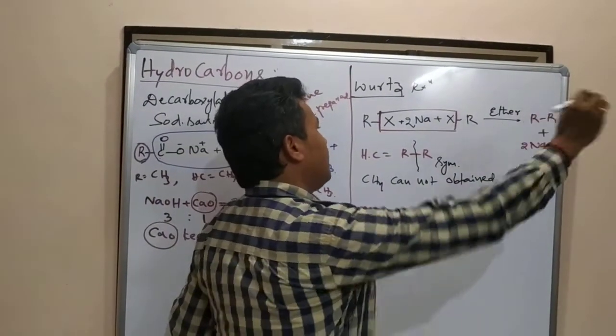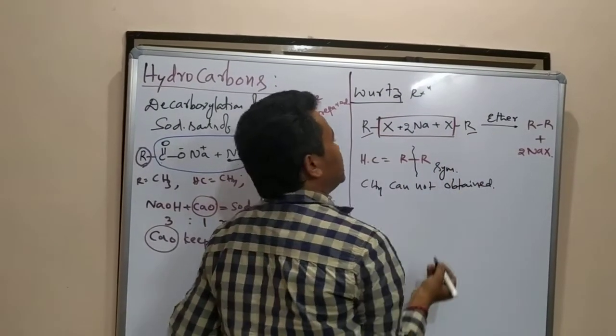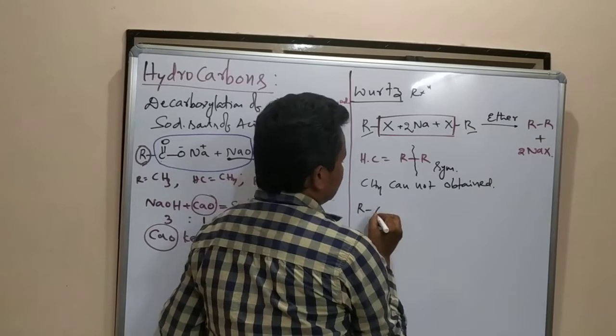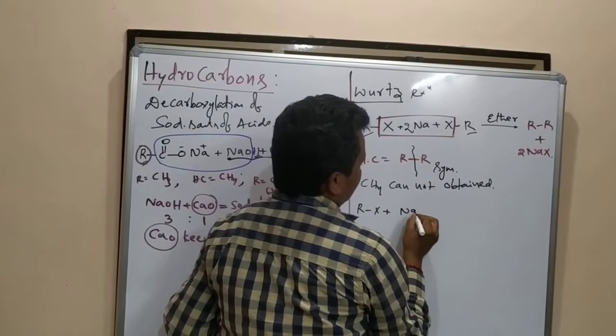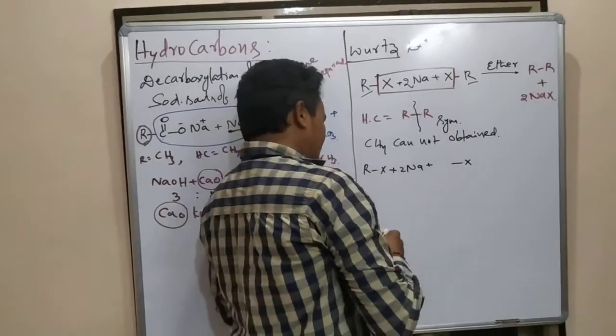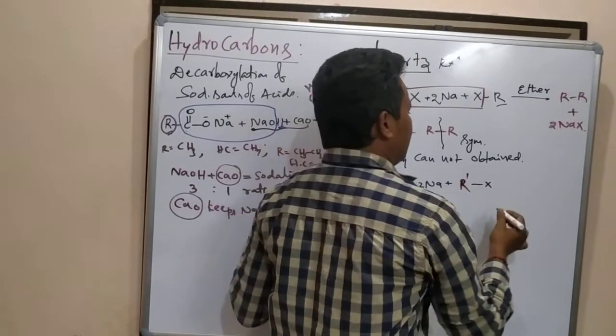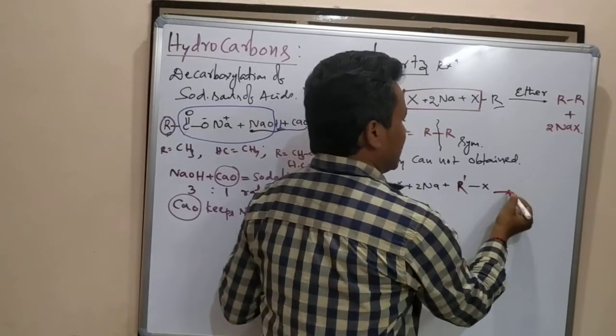Here this R and this R are the same. In case there is some other R group, then what is the possibility?